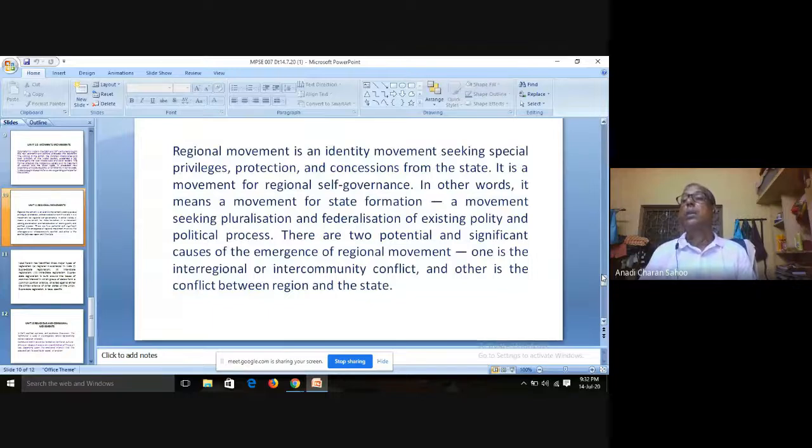Others are dominant but occasionally reiterative. In the six major large states of Bihar, Uttar Pradesh, Madhya Pradesh, Rajasthan, Maharashtra, and Andhra Pradesh, there exist 16 major demands for statehood.